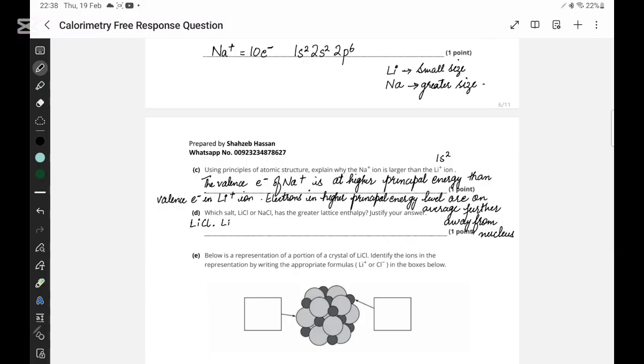Because the Li positive ion is smaller than the Na positive ion, so the Coulombic attraction in LiCl is stronger than in NaCl, and that is why it has greater lattice enthalpy.